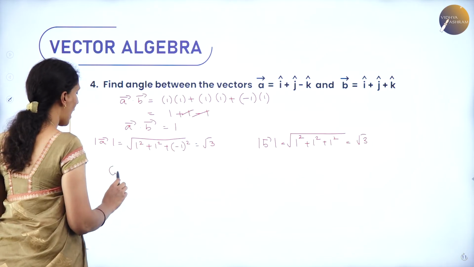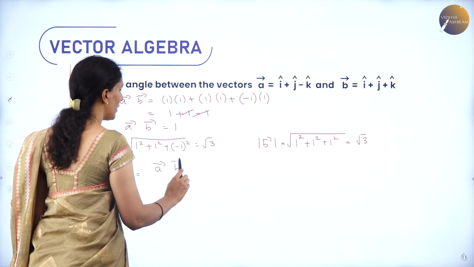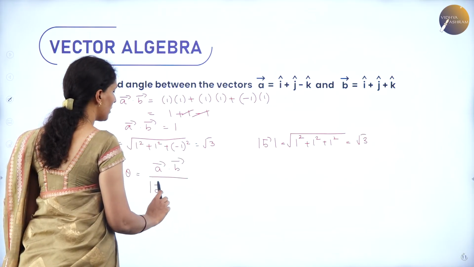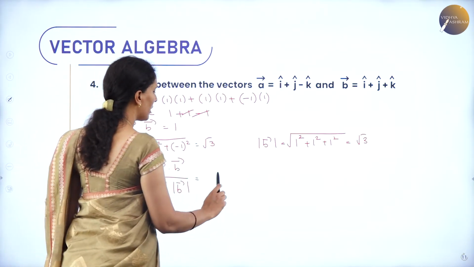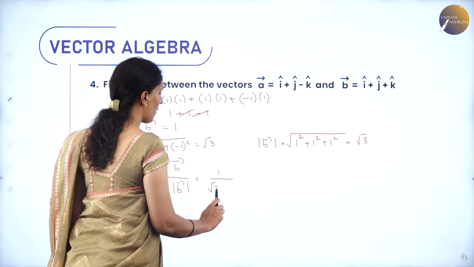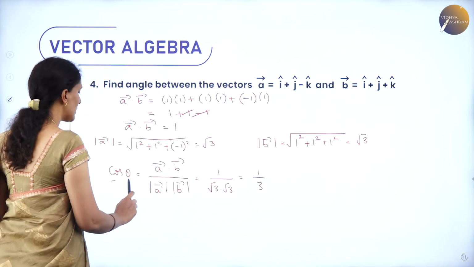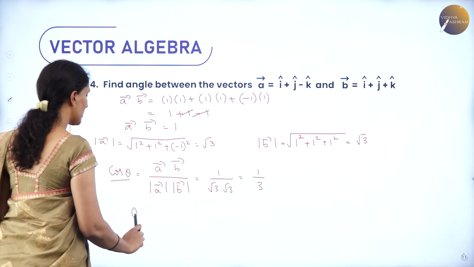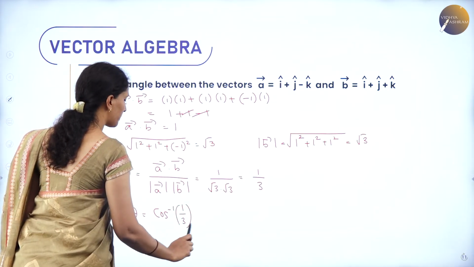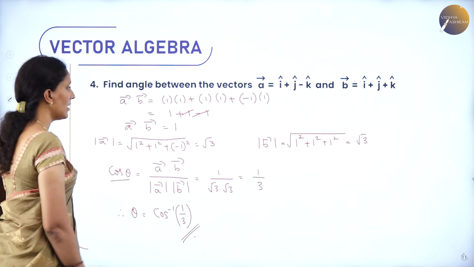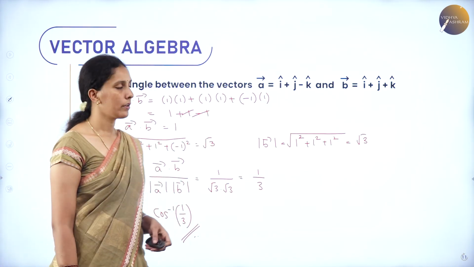So therefore, the angle between the two vectors is given by cos theta equal to A dot B divided by magnitude of A into magnitude of B. Now A dot B we got as 1. In the denominator we have root 3 into root 3, which is 3. So cos theta is 1 by 3. What is theta? Theta is cos inverse of 1 by 3. So therefore, this is the angle between the two vectors, vector A and vector B.